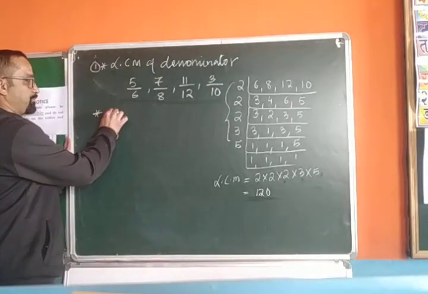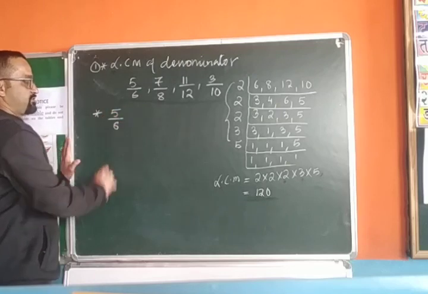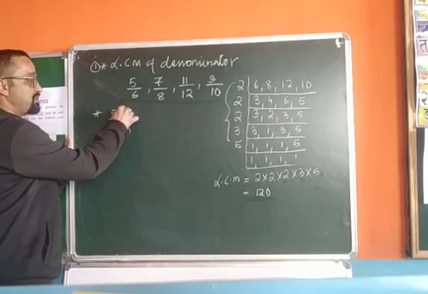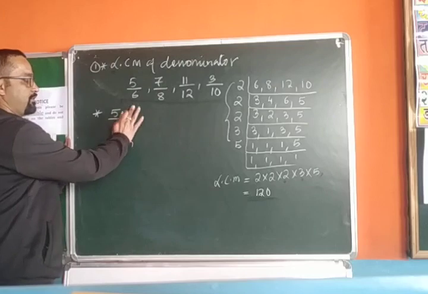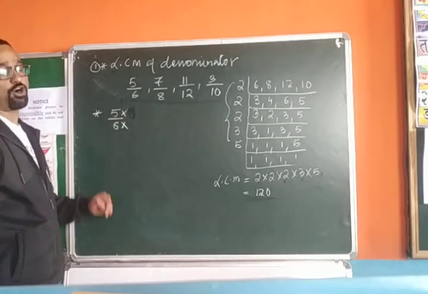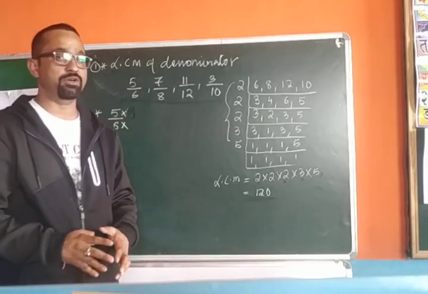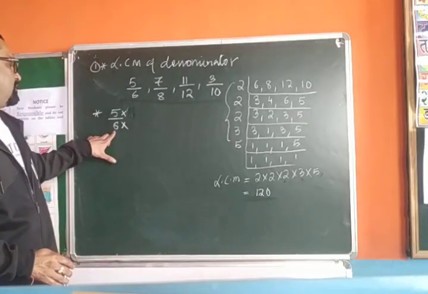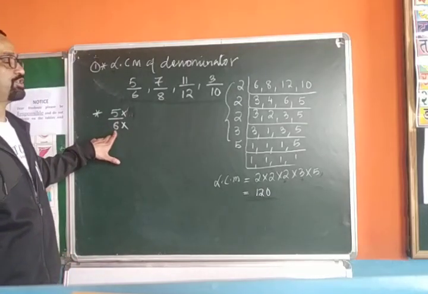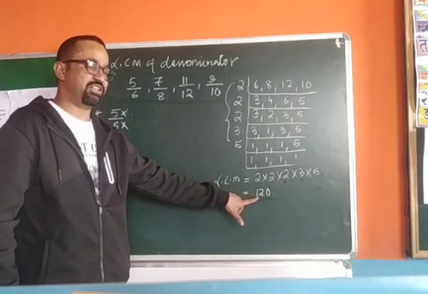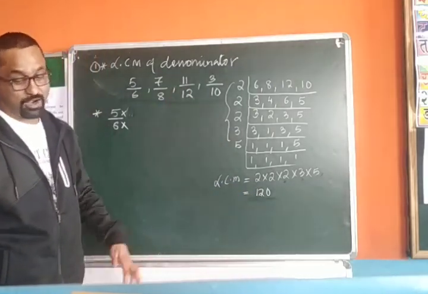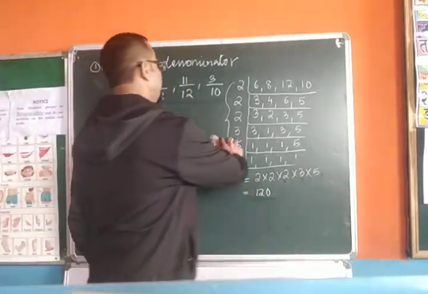First fraction, 5 by 6. You need to multiply both numerator and denominator with a suitable number such that this denominator converts to 120. And I'll show you how to get that number.